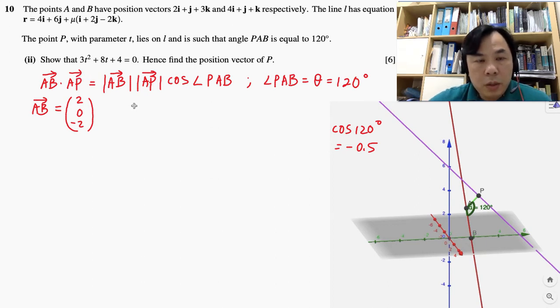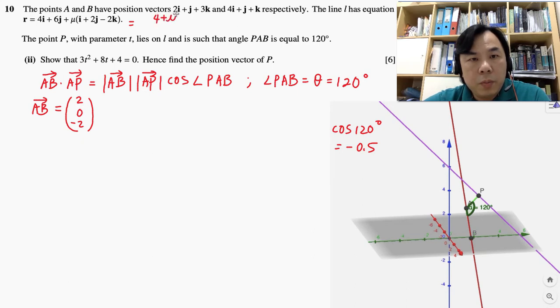We know that the position vector P is lying on this line here. This line can be written in its compact form. I hope that you still remember this line can be written in its compact form as 4 plus mu, 6 plus 2 mu, and finally negative 2 mu.